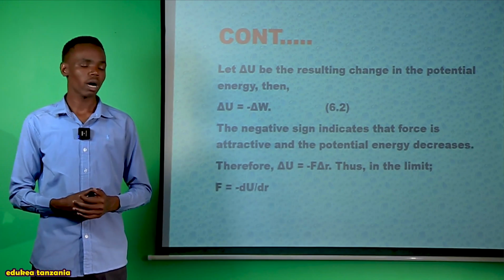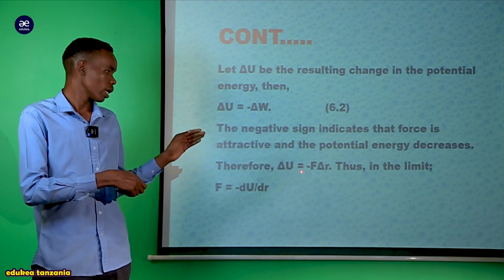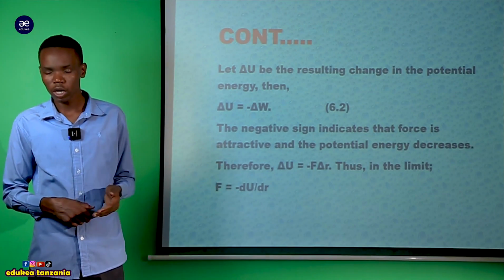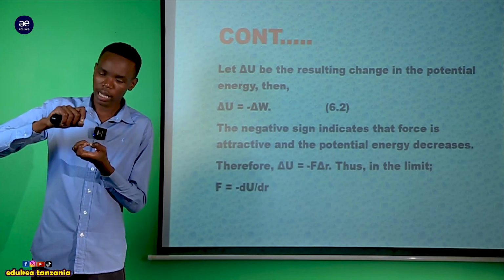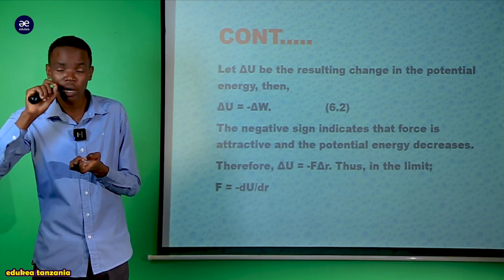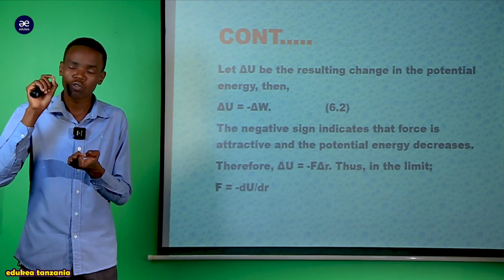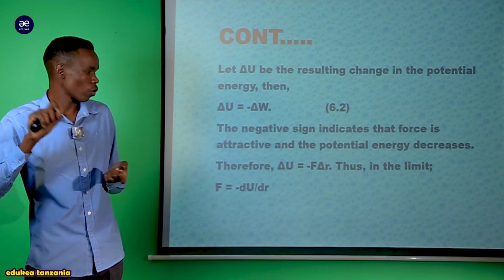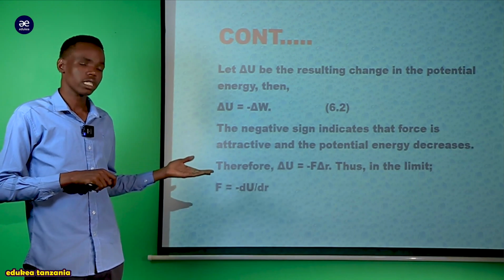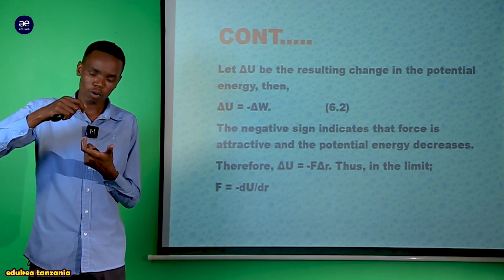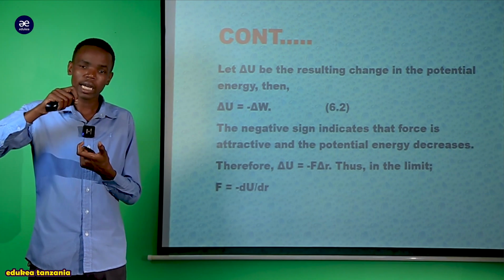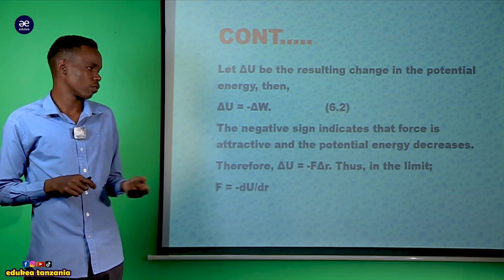Now we should conclude by saying that the change of the potential energy must be equal to the negative of the work done, which equals the force times the change of the distance. We get the change of the internal energy by taking the negative force times the change of the radius.